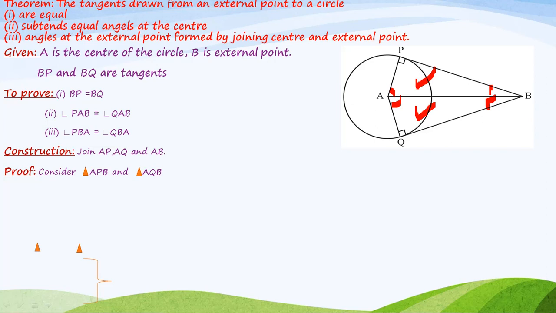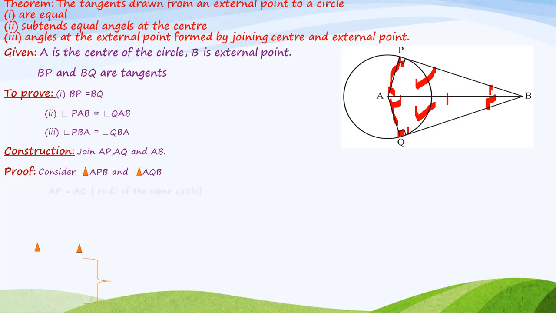By observing these two triangles, AP is equal to AQ because they are radii of the same circle. AB is the common side for both the triangles, and angle P and angle Q are 90 degrees.